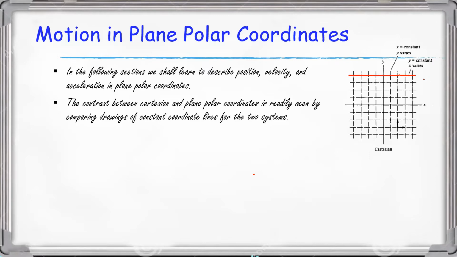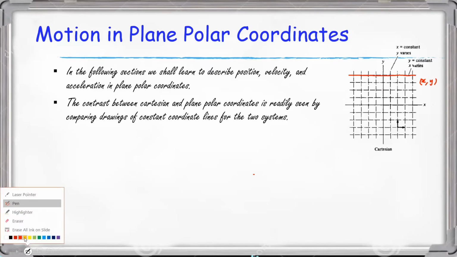We know that in a Cartesian coordinate system, we represent the coordinate x comma y. For any point on this line, y must be a constant and x varies.